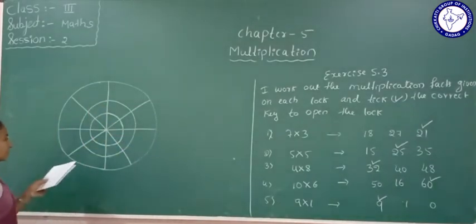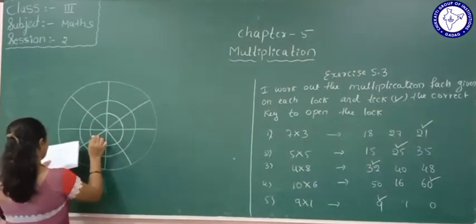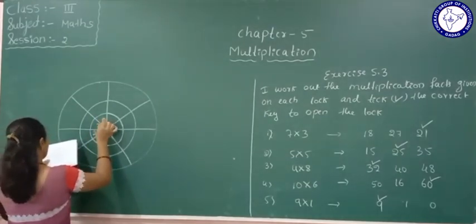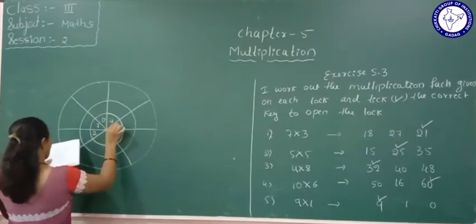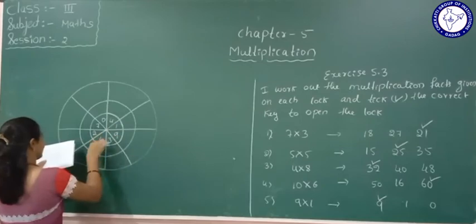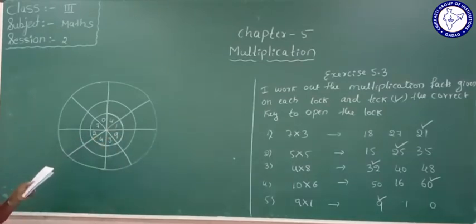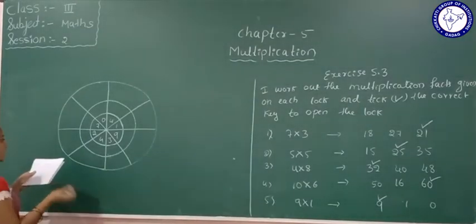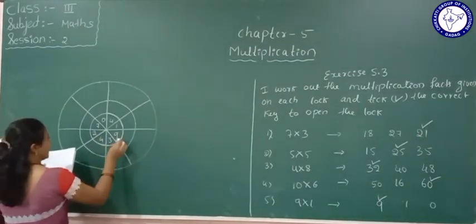Okay, see here, they have given some numbers: 2, 7, 0, 4, 1, 9, 3, 4. So the question is, observe the given chart and fill the boxes with their products. In the first circle they have given some numbers.